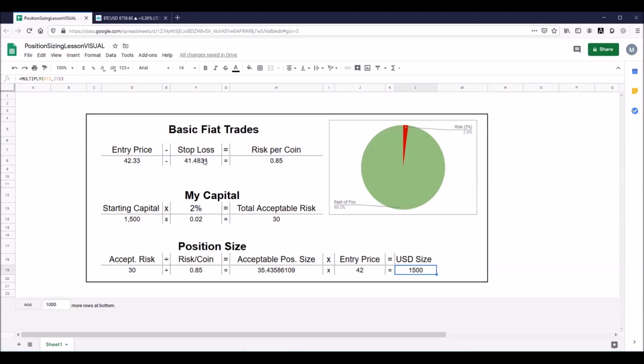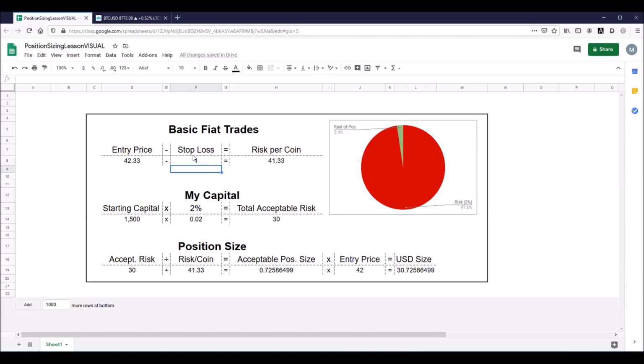Now, the inverse of this would be if I put a stop loss so far down on the chart, say $1, that now nearly all of my position will be at risk, because my stop loss is 99% away from my entry.